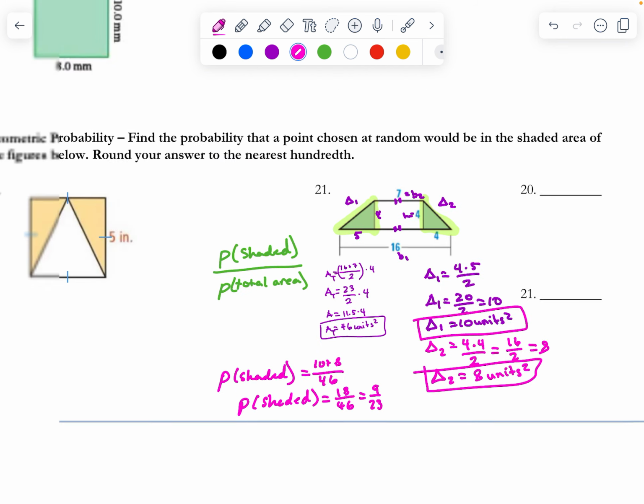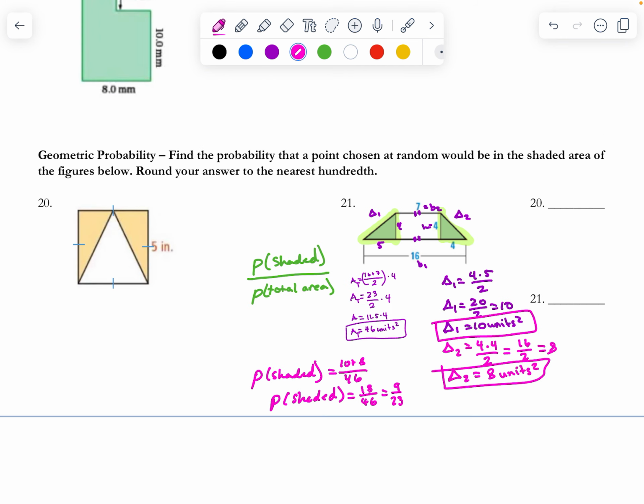Let's see, how do we want our answers? We want these rounded to the nearest hundredth, so I don't even want that. I want it in the hundredth. So 9 over 23 is 0.391.